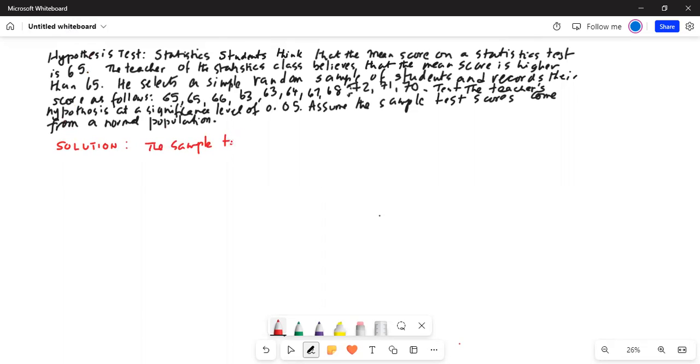Sample test scores come from a normal population, but the population standard deviation is not known.